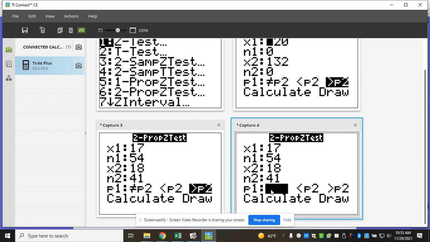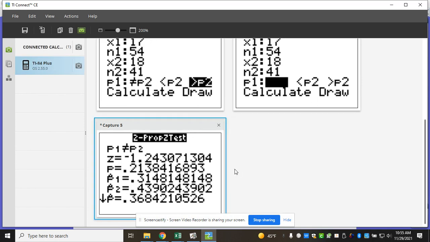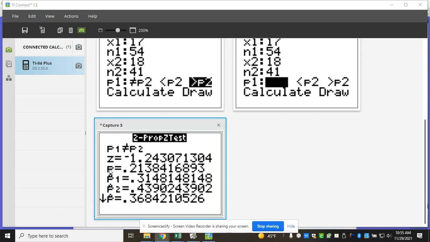I do not have to make that decision. So when I hit calculate, it gives me my Z, which is my test statistic. It gives me a P, which is my what? P value. It gives me my P hat 1, my P hat 2, and what is just the P hat? P hat C. And it gives you your N1 and N2 again, but we've already typed those in.